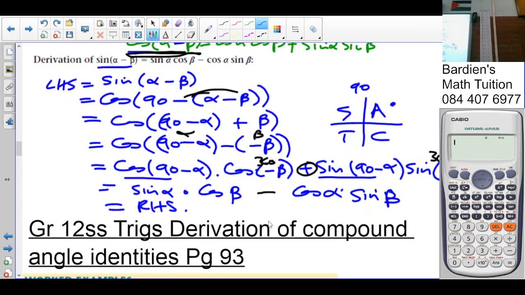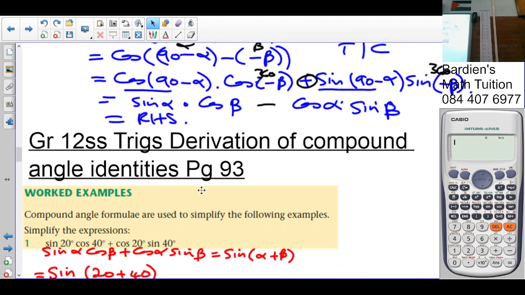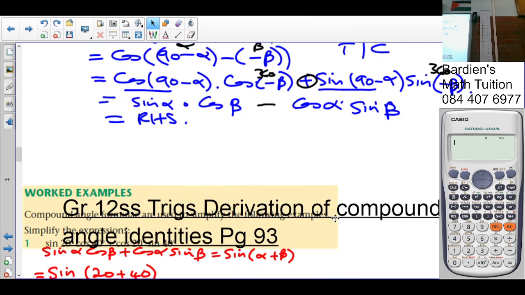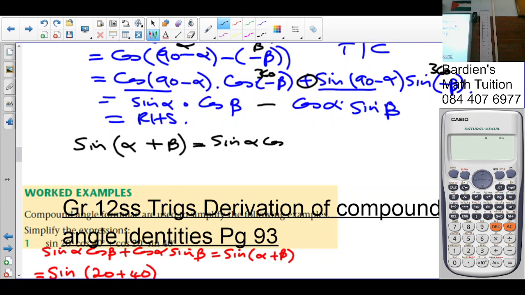So in general, if we're looking at the sine expansion for the compound angle, we know that sine of alpha plus beta is going to be, the ratios are different, so the sign is the same. So it's sine alpha cos beta plus cos alpha sine beta.